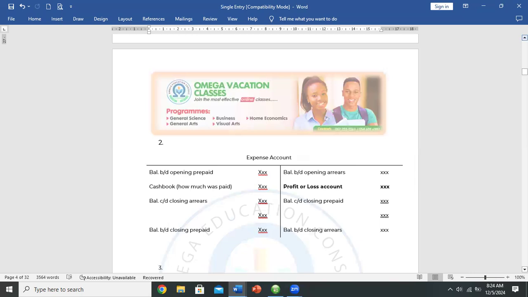This semester you have paid 200 cedis. If I'm to ask you, how much dues did you have to spend this semester? What would be your answer? 250. Okay.